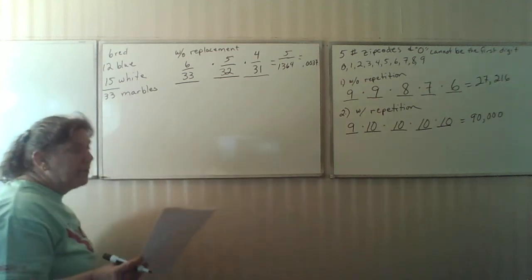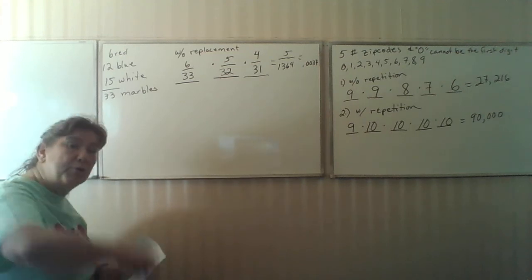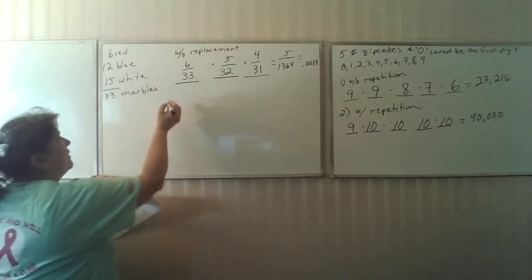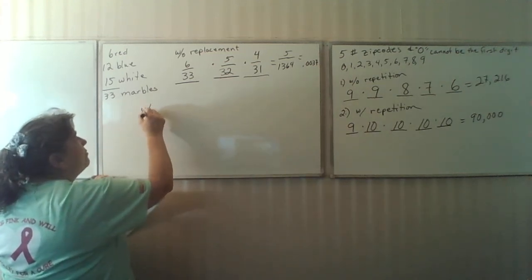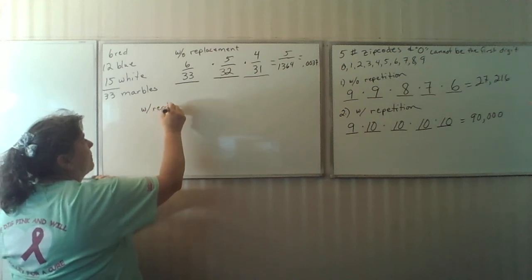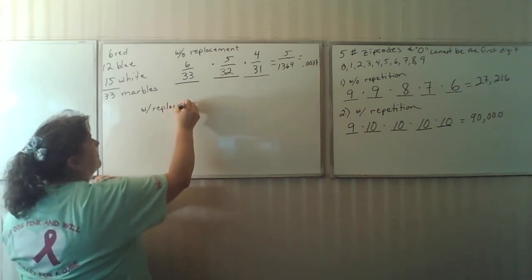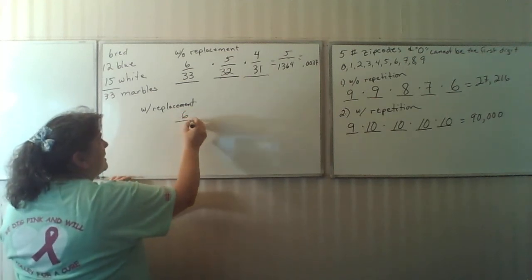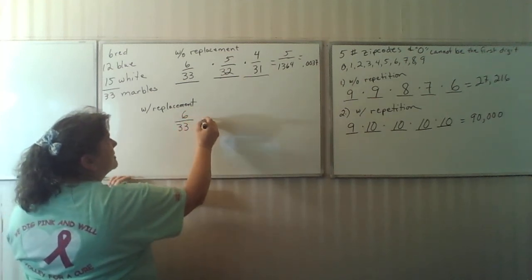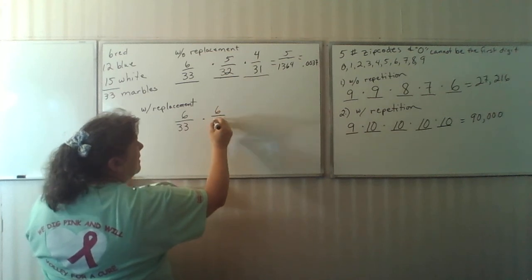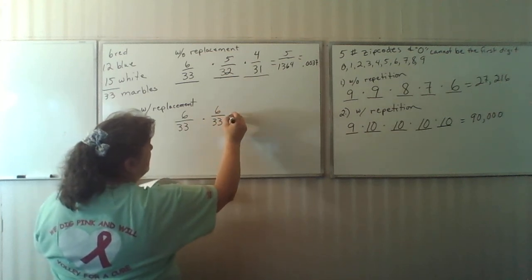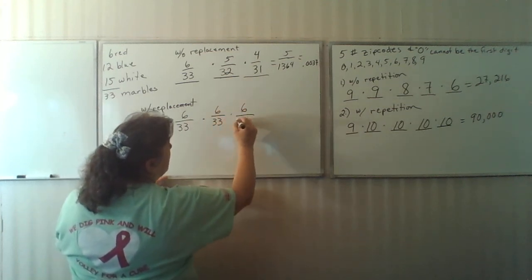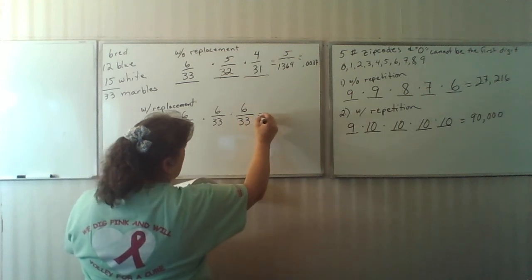Now what would happen if I drew it and put it back in? So if I drew it, this would be called with replacement. So in this case, I'm going to draw 6 out of 33 because I put it back in. I have the same number of possibilities, put it back in, and again I have the same number of possibilities.